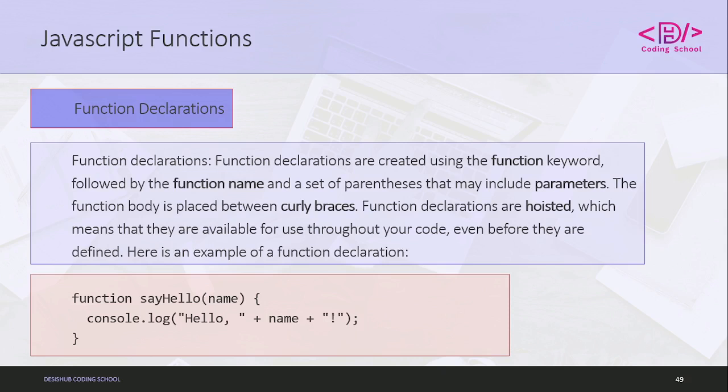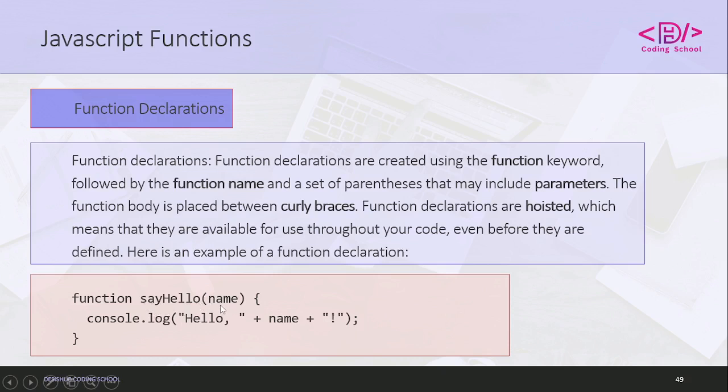But you could say that a function is defined by three parts. The first part is that you have to specify the keyword function to tell JavaScript that you're going to write a function, and then you give that function a name. Maybe you say hello, and it's going to be doing say hello.